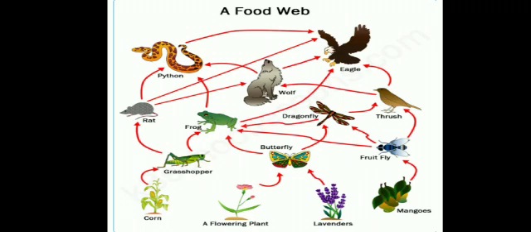Grasshopper can be eaten by either rat or frog. Finally frog is eaten by either snake, or cat can also eat rat. And afterwards eagle can eat directly. Eagle can eat rat also, eagle can eat snake also.